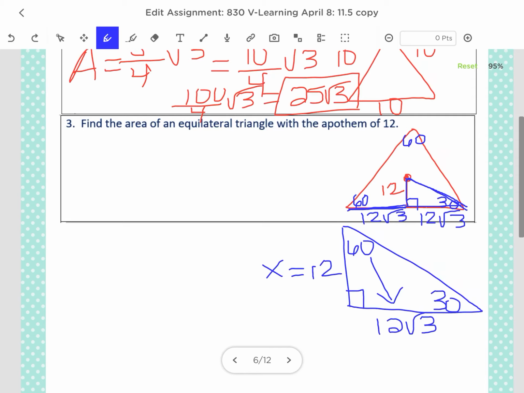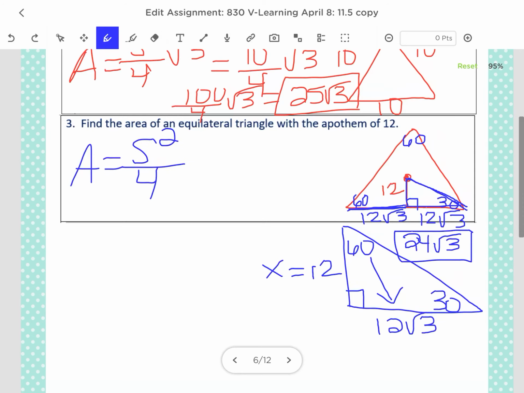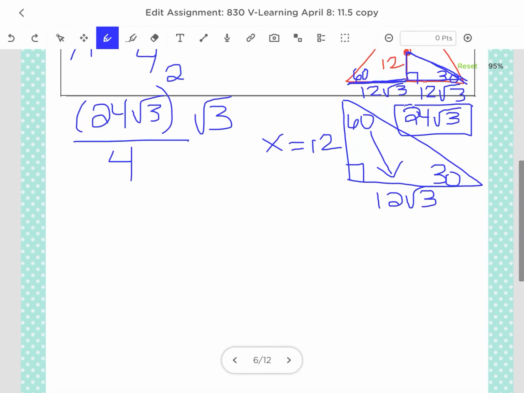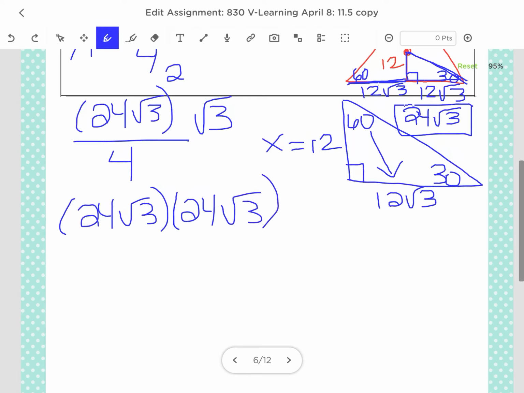So what's the length of that entire side when I add those together? 24 root 3. So if I go ahead and use my area formula, area is side squared over 4 times root 3. The length of the side is 24 root 3. It's going to be squared over 4 times root 3. Remember that when you have something like 24 root 3 squared, that means 24 root 3 times 24 root 3.